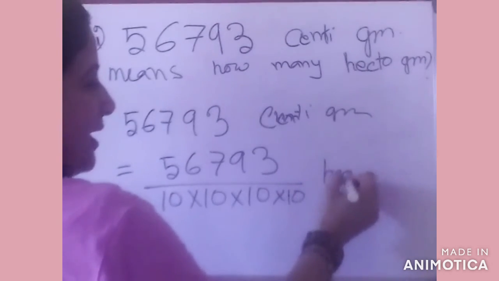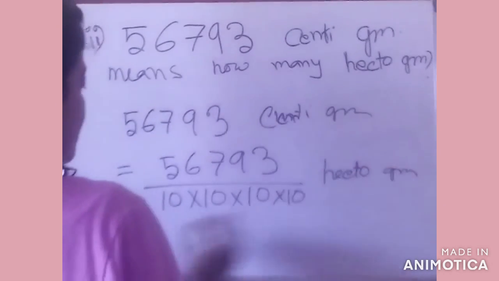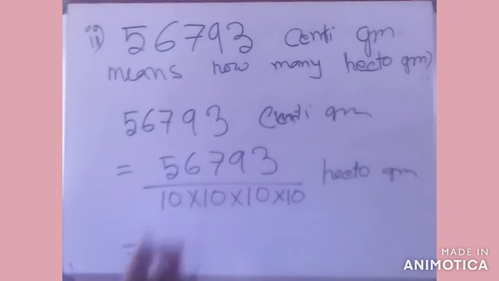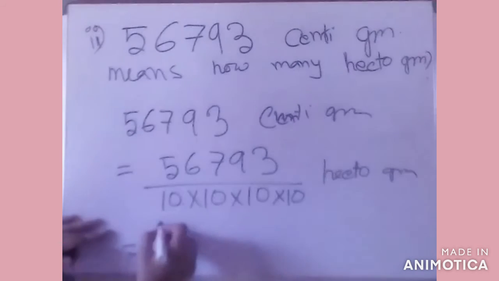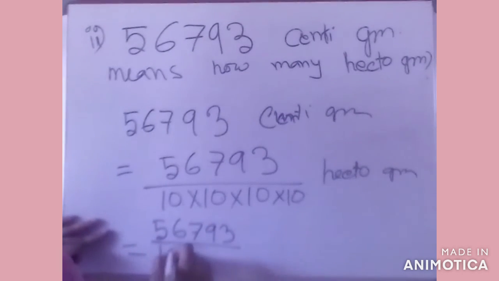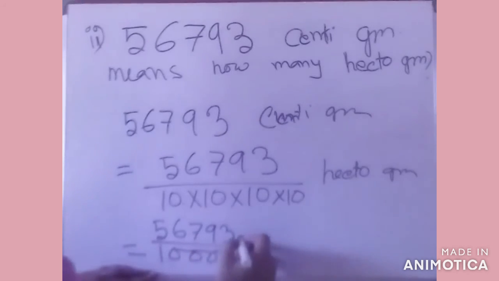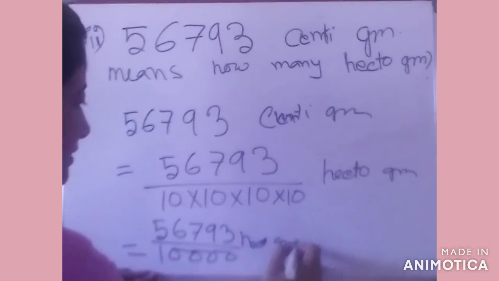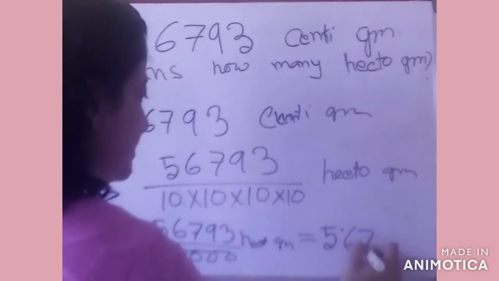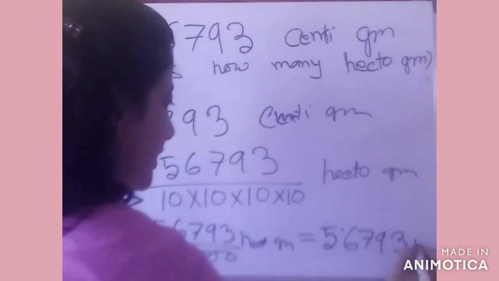So now it is hectogram. That means 56793 by 10000 hectogram, which is 5.6793 hectogram.